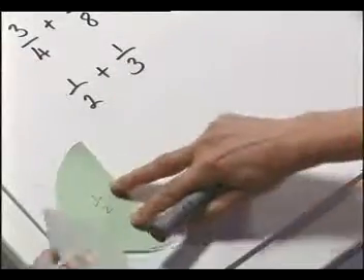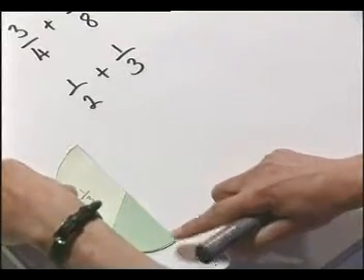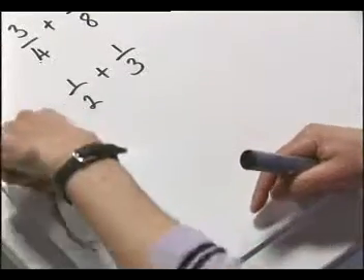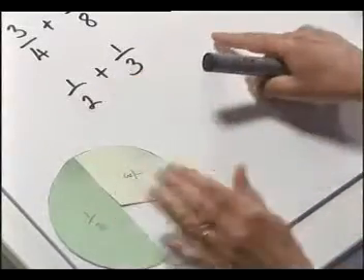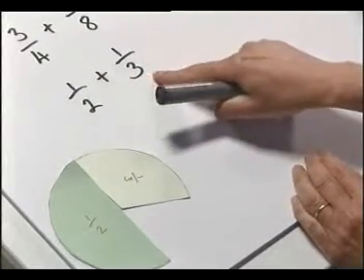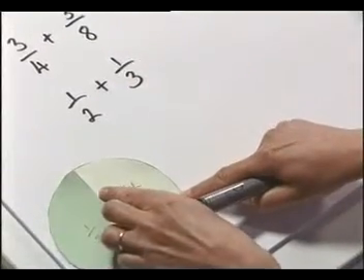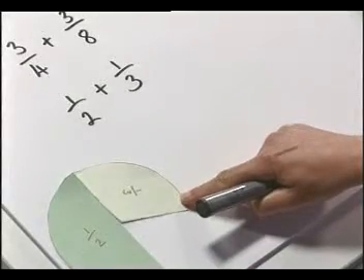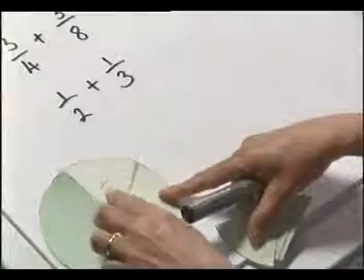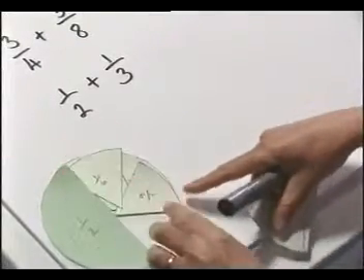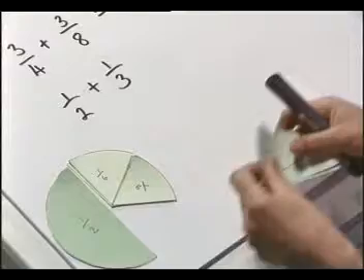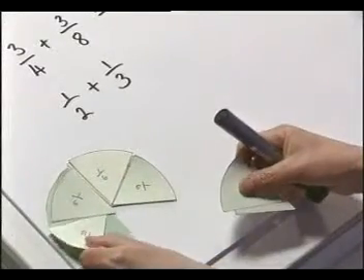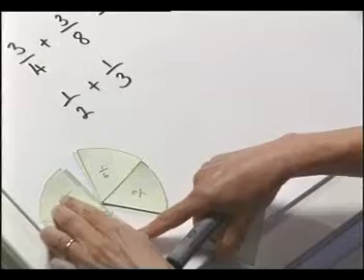Now, if we tried to turn the half into thirds, we'd have difficulty because it doesn't fit a whole number of times. So what we need to find is a fraction, the denominator, that fits into thirds as well as into half. And in this case, that fraction is sixths. We can fit 2/6 into our third, and our half is 3/6.